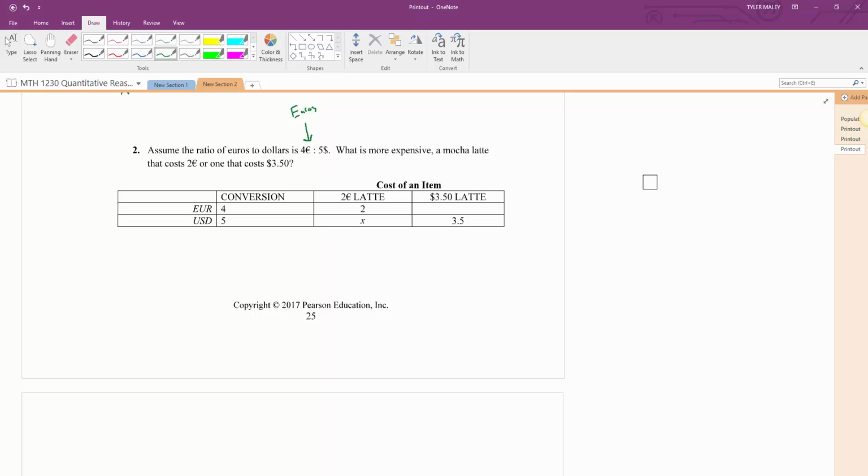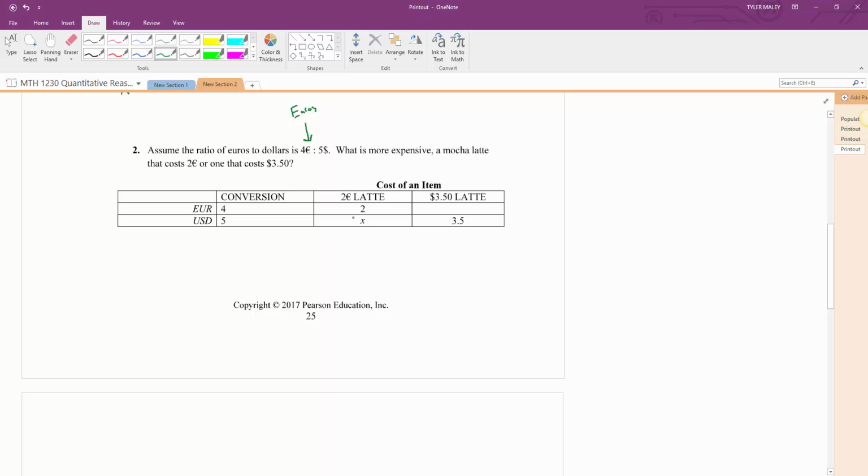If I had euros and dollars on hand, obviously I'm going to want to pay the least amount. So we can use this 4 to 5 ratio to convert from euros to dollars to figure this out.